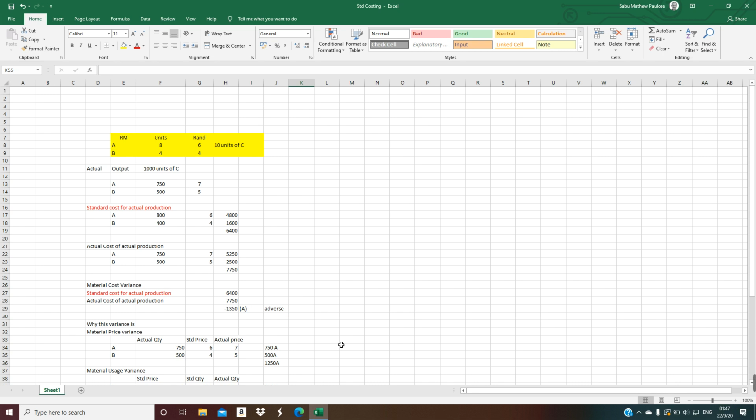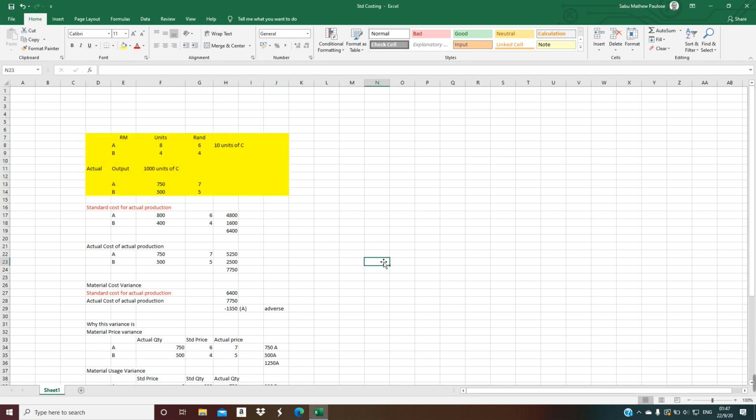It is used to produce 10 units of C. Then actual results are like this: 1000 units of C are produced, and the units used are 750 units of A at the rate of 7, and 500 units of B at the rate of 5. So the question is over. This yellow marked part is the question.